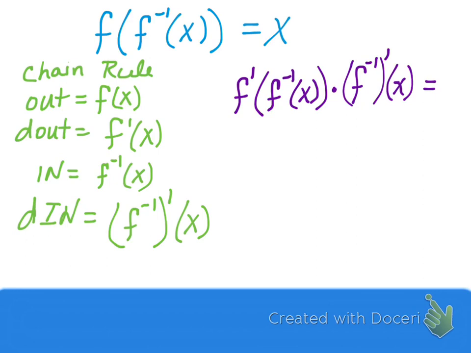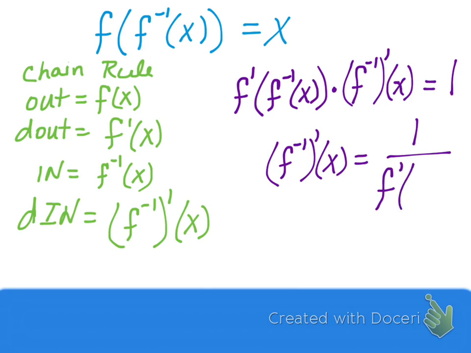On the right-hand side, we're just taking the derivative of x, and the derivative of x equals 1. And so now, dividing both sides by f prime at f inverse, we get the derivative of f inverse is equal to 1 over f prime composed with f inverse of x.